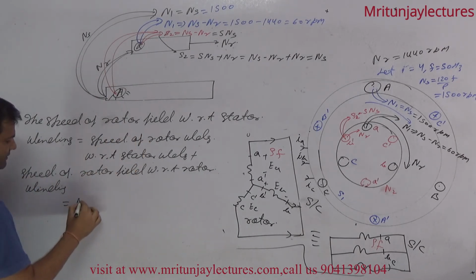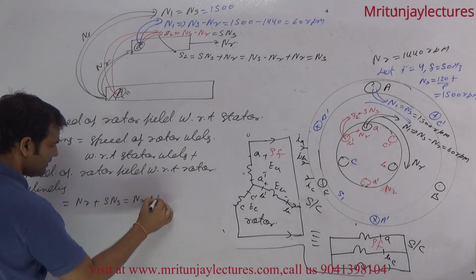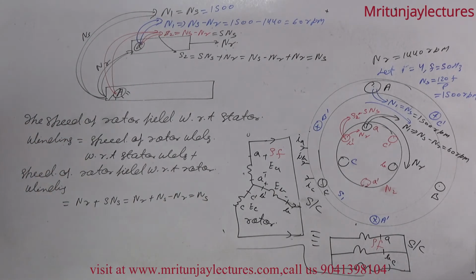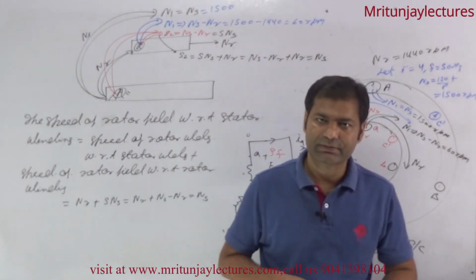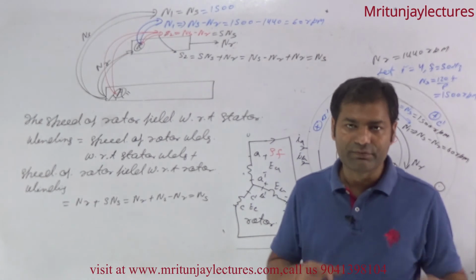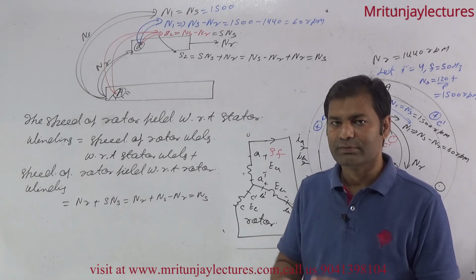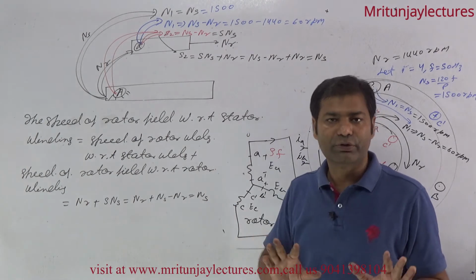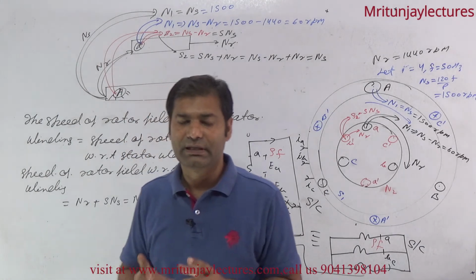This speed is NR and this speed is SNS. NR plus NS minus NR, finally we got NS. Okay? So with respect to the stator, the stator field is NS, and the rotor field with respect to the stator winding is also NS. Clear? It means both fields are rotating in the same direction and with speed NS.